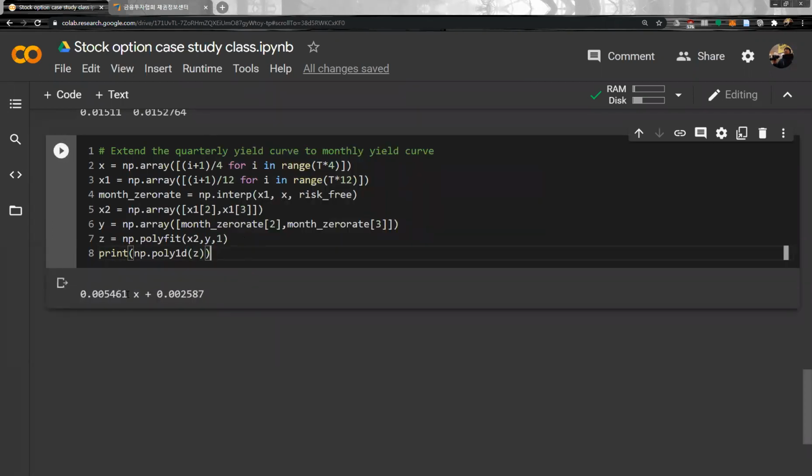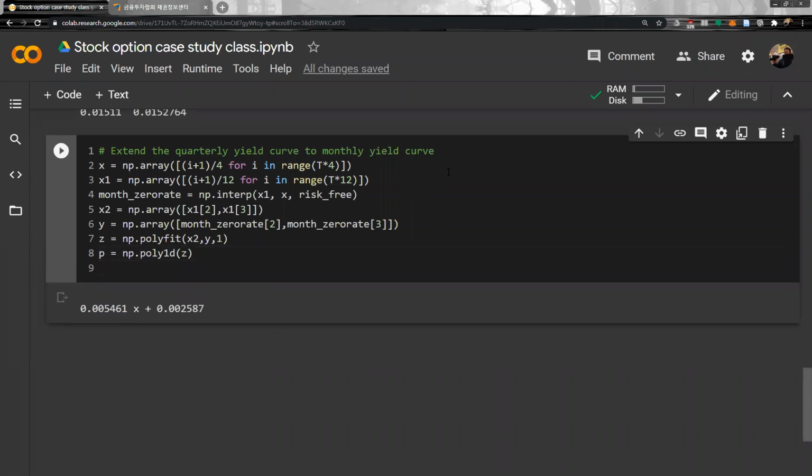Let's call this function p. And then month zero rate 0, of course, we can plug in p and we can plug in x1 0. Okay, plug that one in to find the relationship.